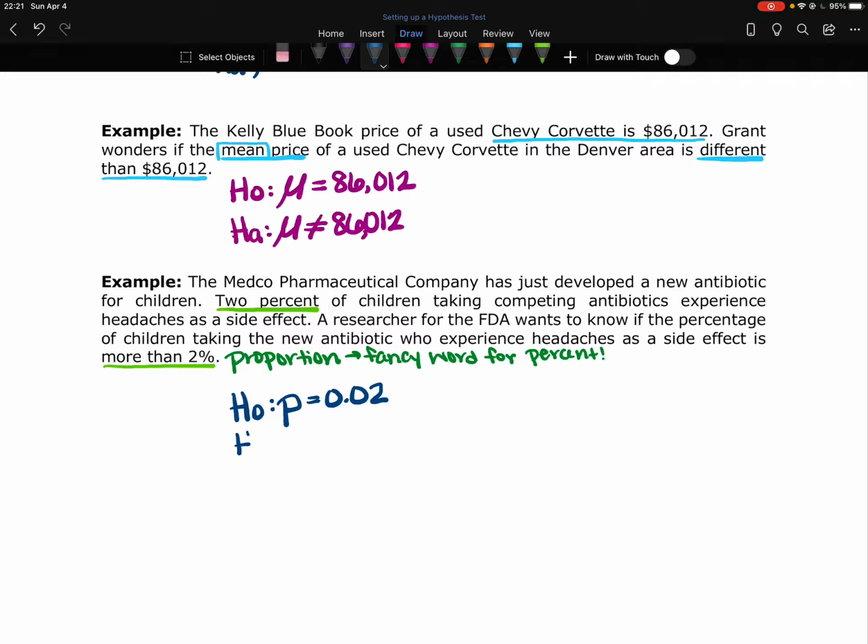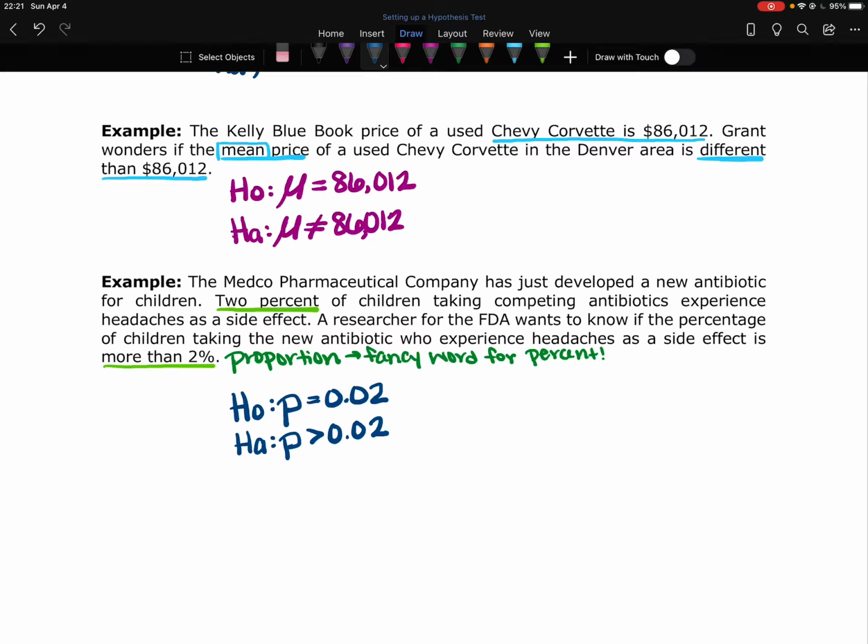And now they have this new medication that they want to test. So they're testing their new medication in their alternative. And they want to know, is the proportion going to be more than 0.02 or 2%?